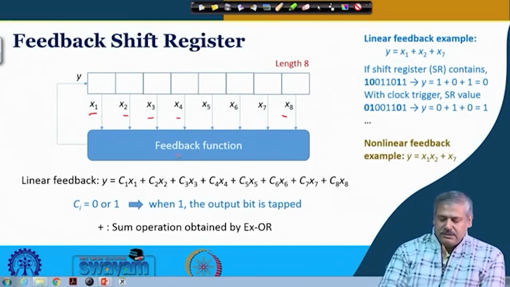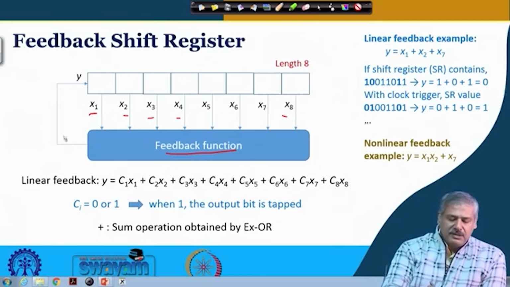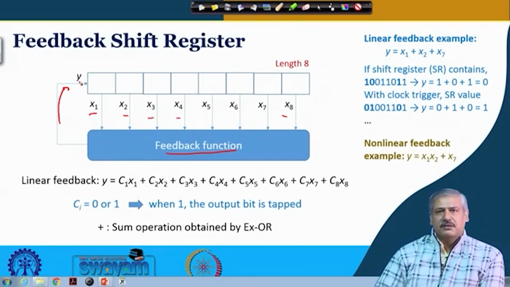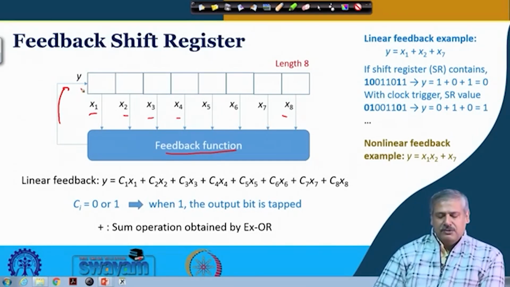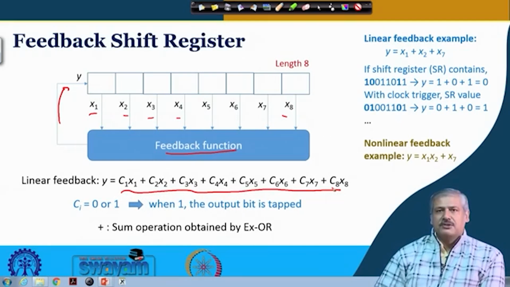It is going to a block where there is a feedback function, and that feedback function is generating an output, and that output is getting fed as serial in. And when we say linear, this is the general case. Linear means this function has a linear relationship.